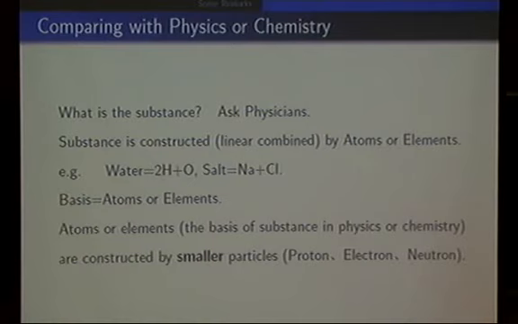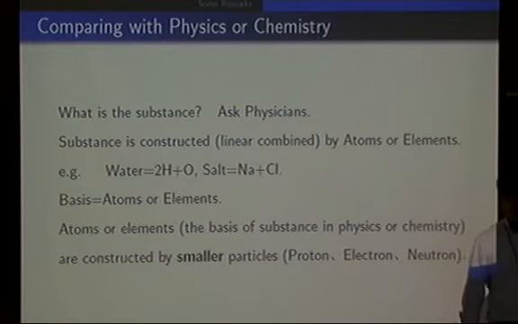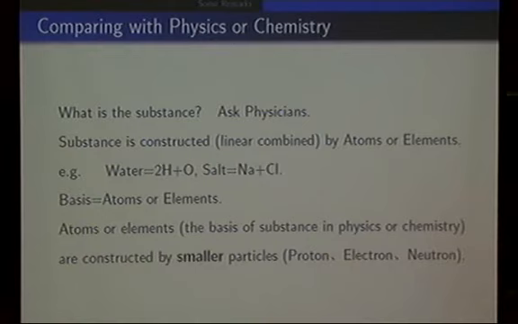However, we should ask the physicists. They say the atoms are composed of smaller particles. This is a very important problem in mathematics too. If we have polynomials of degree 2, then we have 3 bases.